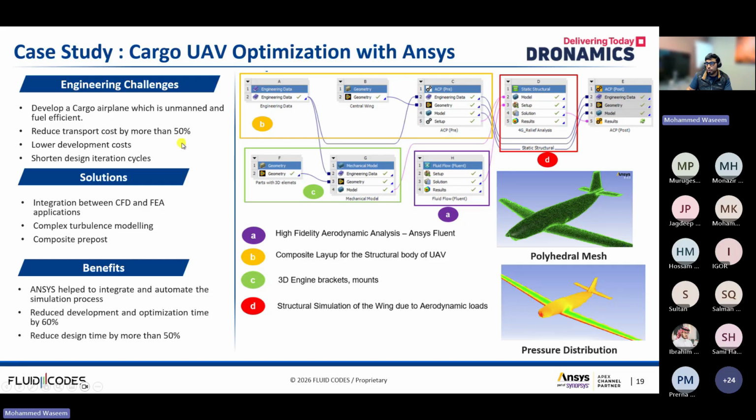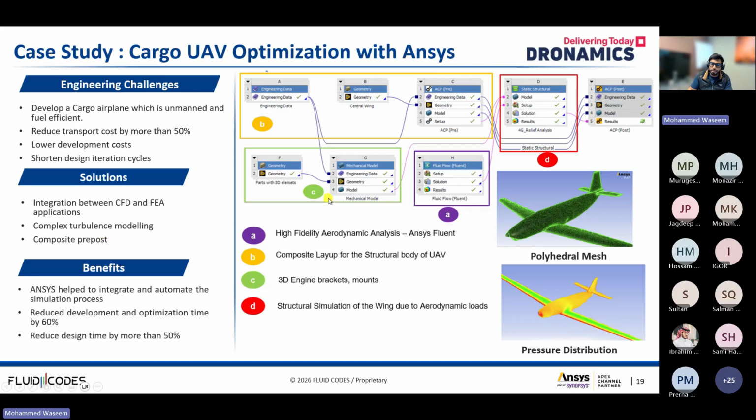On the left, you can see their goals. They wanted to optimize a fuel efficient cargo aircraft that will reduce cost by 50%. And they wanted to shorten design iteration cycles and so on. So on the solution side, it's mainly three things. One is connect CFD to handle complex turbulence, perform FEA, and manage composites with the pre-processing ACP.